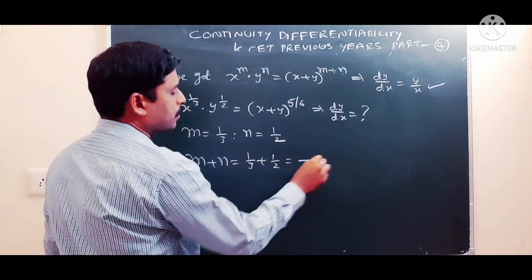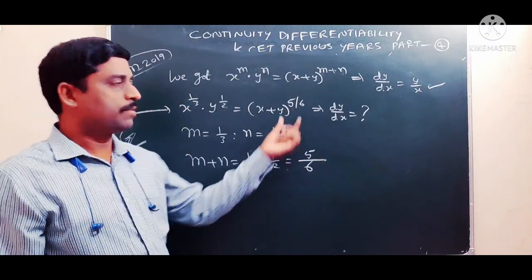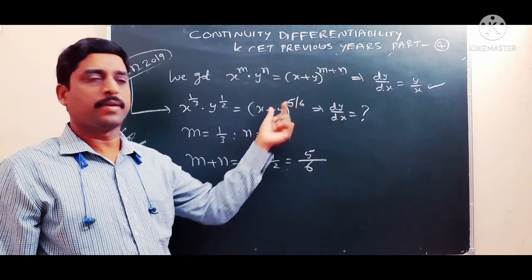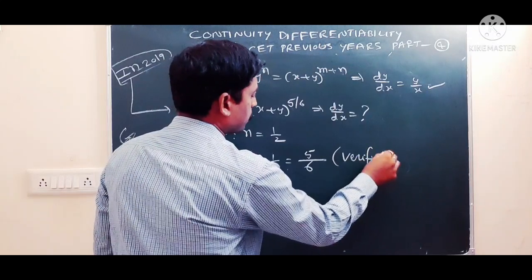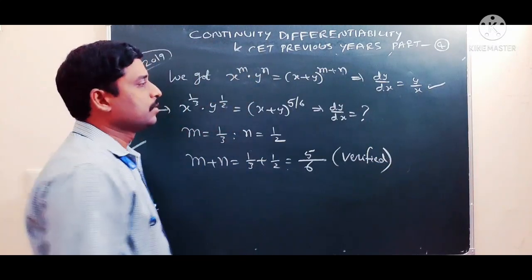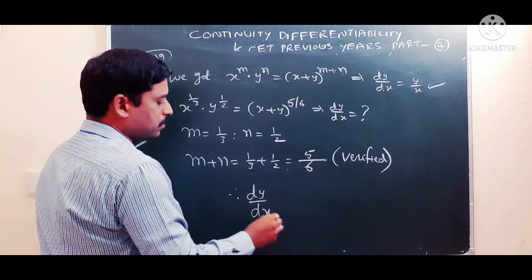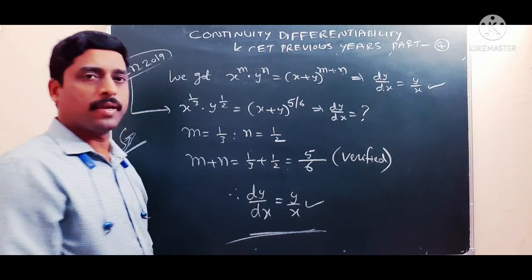This will be 5 by 6. Already in the statement, power 5 by 6 is given. Therefore m plus n is equal to 5 by 6. This is verified. So the answer is dy by dx is equal to y by x, the correct answer.